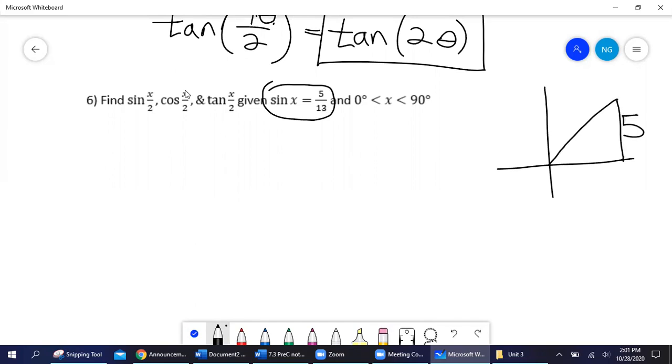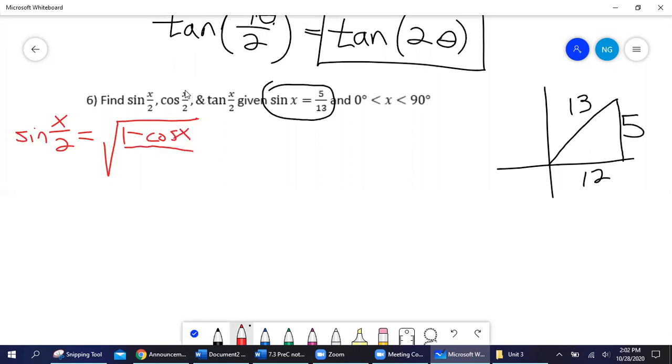So sine is opposite over hypotenuse. We've had this same triangle several times. Pythagorean theorem tells me that the adjacent is 12. So now the first thing I'm going to do is sine of x over 2. Again, we know it's the positive of the square root, so it's the square root of 1 minus the cosine of x all over 2.